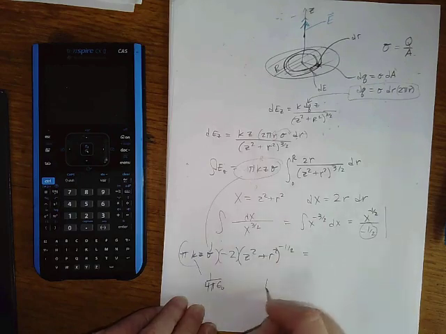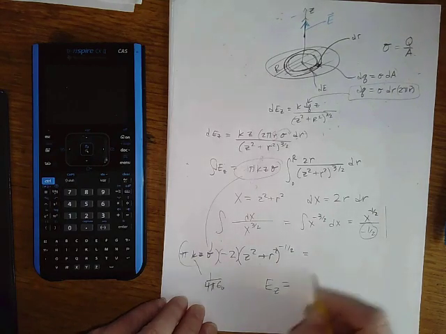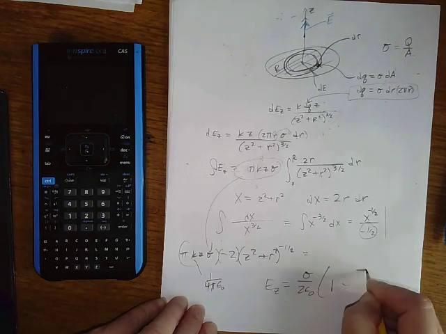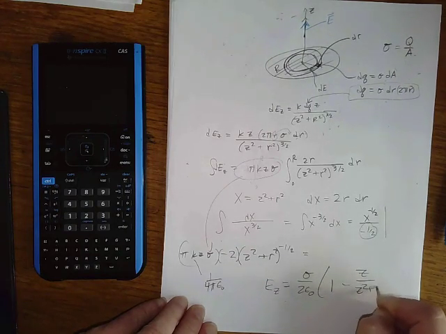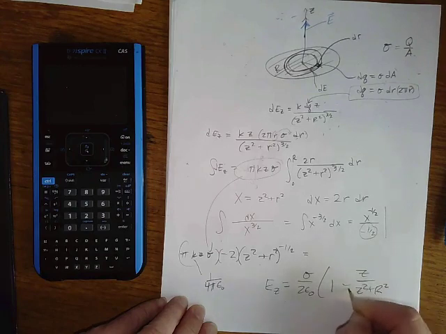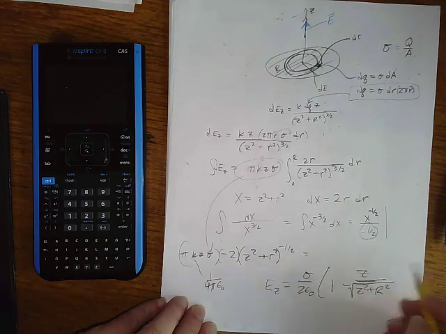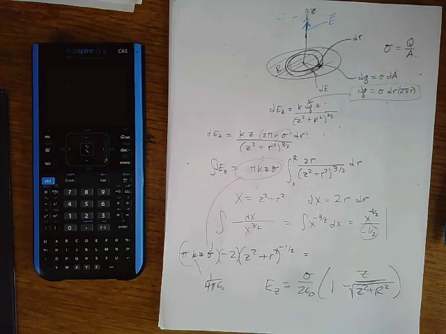And we should end up with Ez equal to sigma over 2 epsilon naught times 1 minus z over the square root of z squared plus r squared, that 1/2 power thing here. Something like that after we put in the limits.